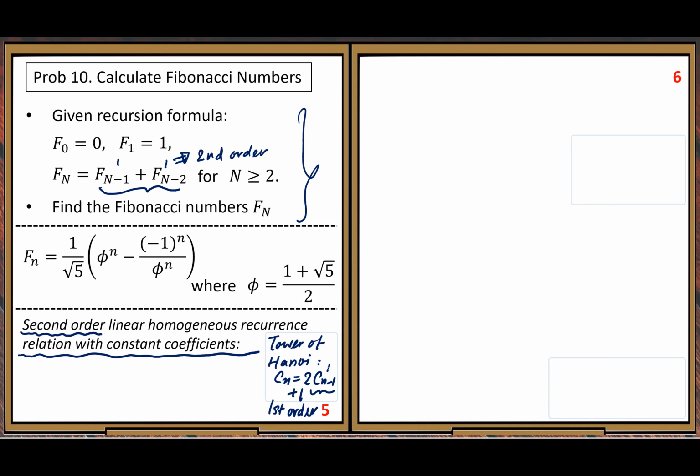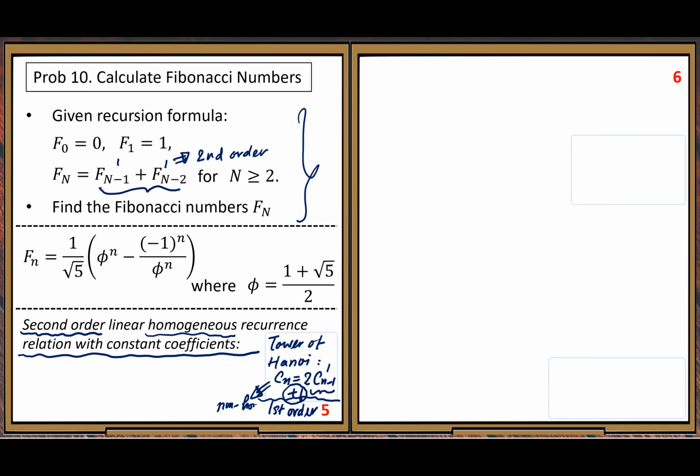Homogeneous, this name. Why homogeneous? Look at the Tower of Hanoi example. Look at this plus 1. It's a non-zero constant there. So this is non-homogeneous.